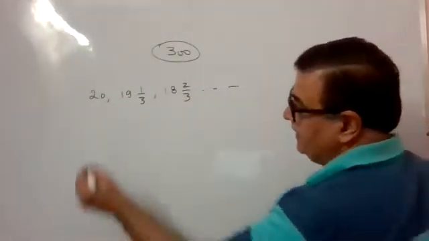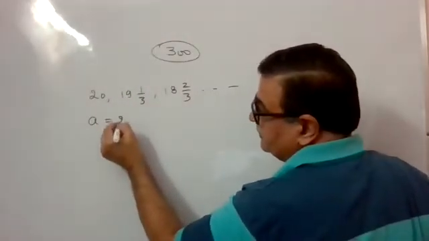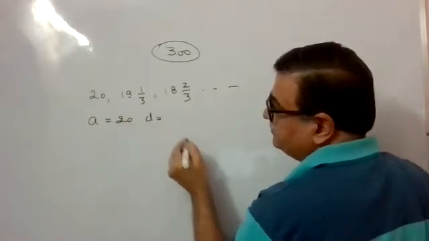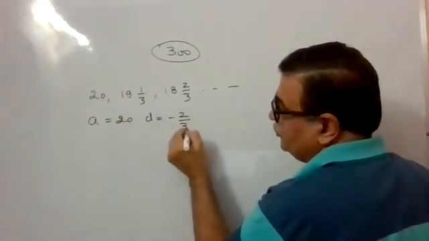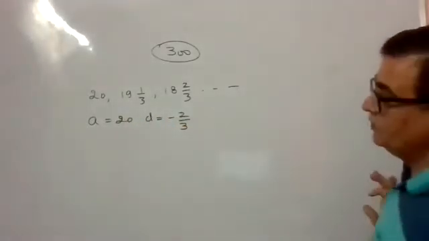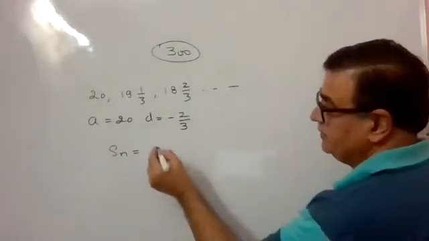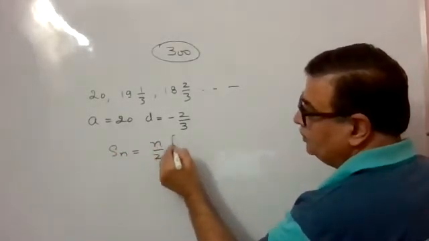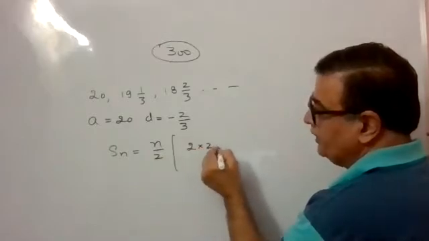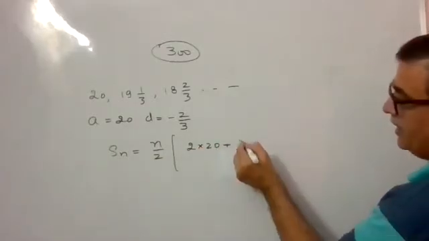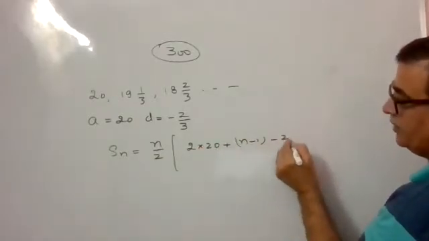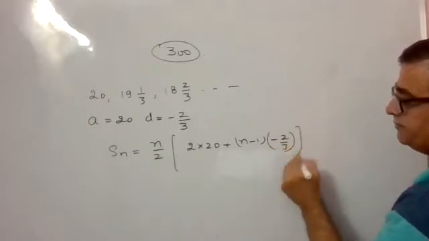What is A in this case? 20. What is D? Minus 2 by 3. Let the sum of n terms is 300. So Sn is what? n by 2 into 2a, means 2 into 20 plus n minus 1 into d, which will be minus 2 by 3.